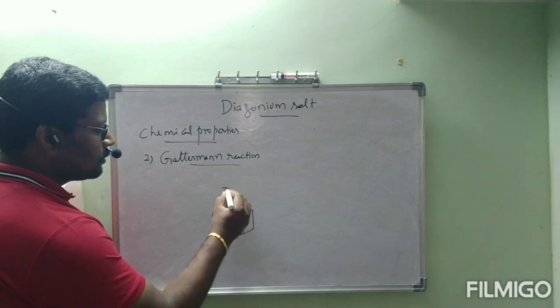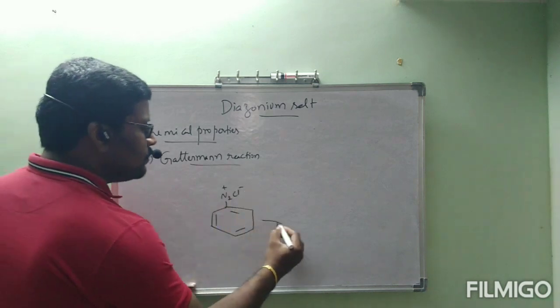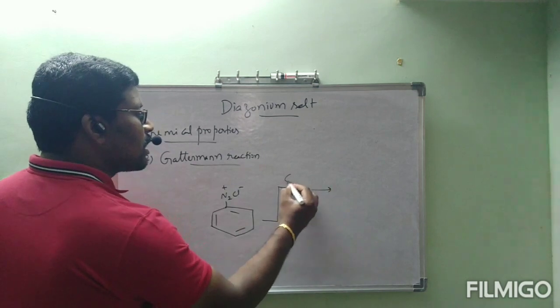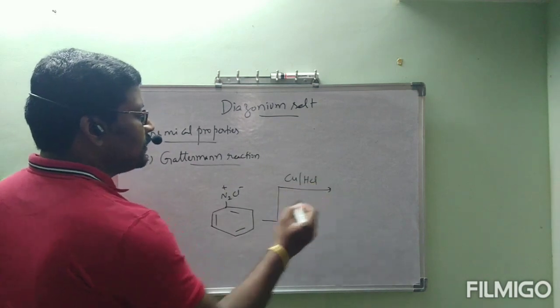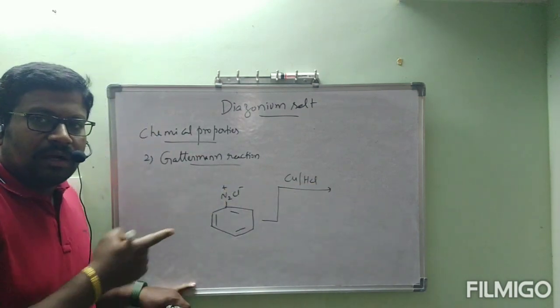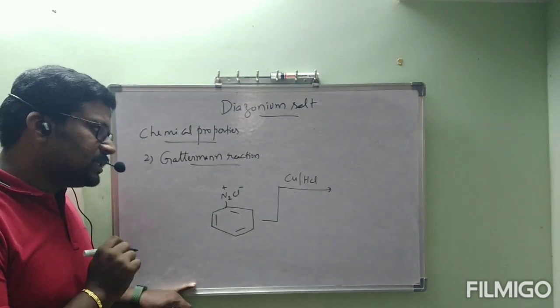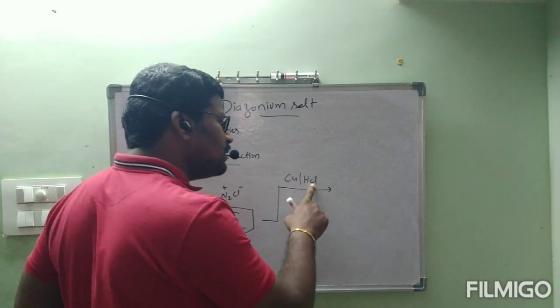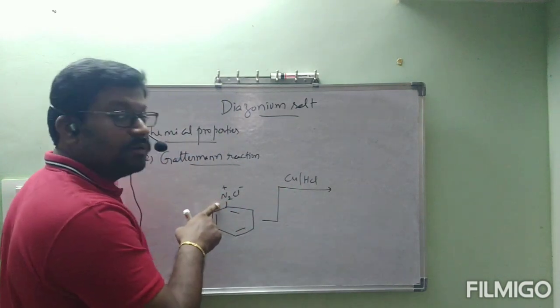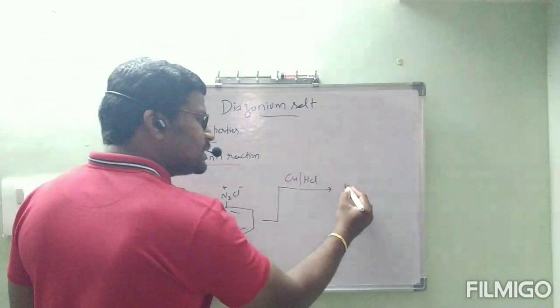It is going to react with copper and HCl. There we had taken Cu2Cl2. Now we are going to take Cu with HCl. What is the substance here? We have chlorine, so here we will get chlorobenzene. Products are the same.